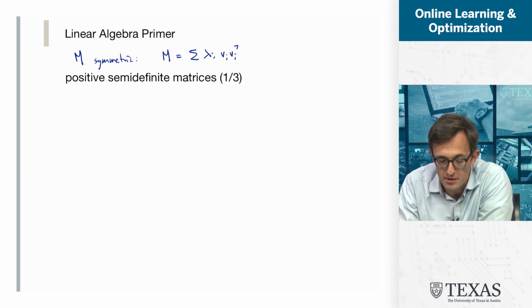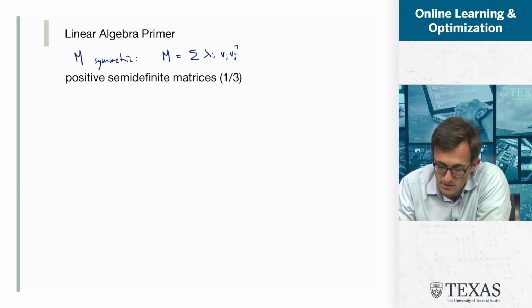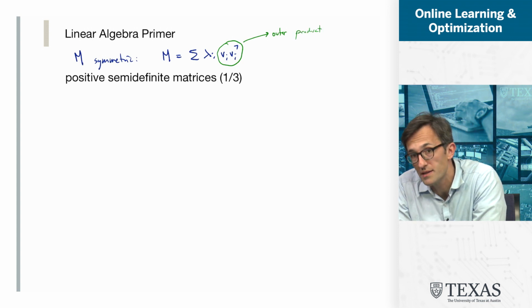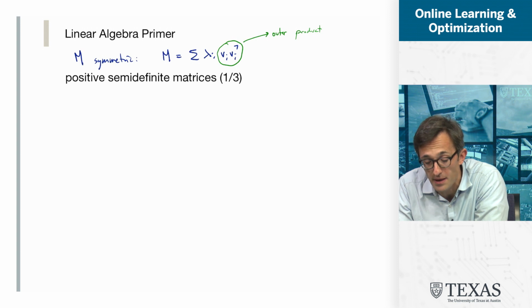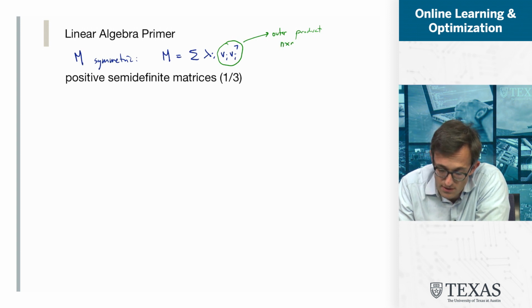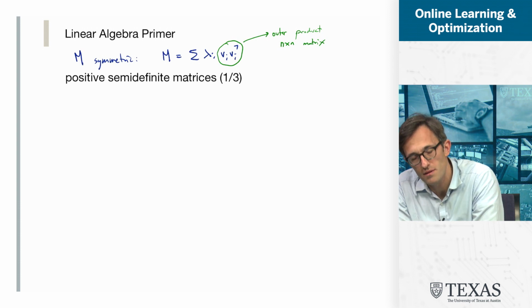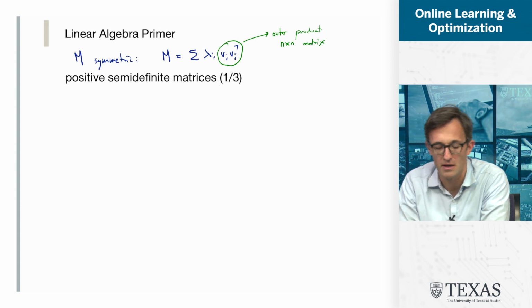It is the outer product. And if each v_i is an n-dimensional vector, this is an n by n matrix. Which makes sense. It's saying that I can write M as a sum of n by n matrices.